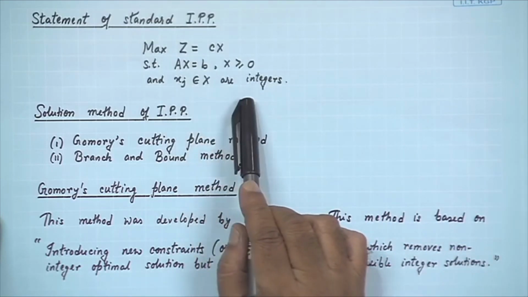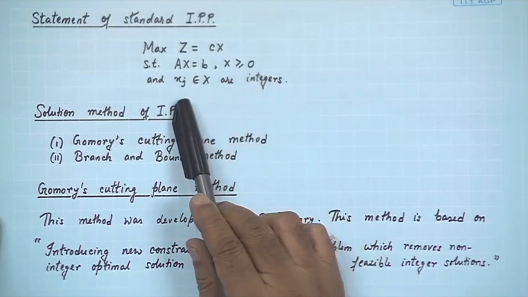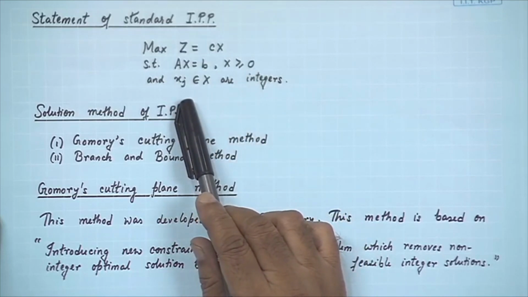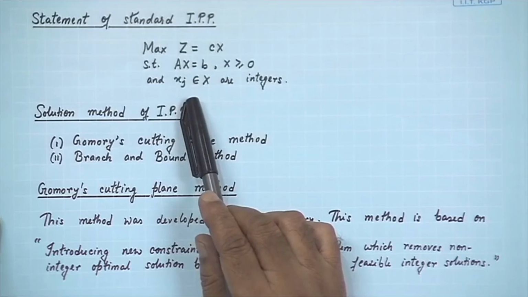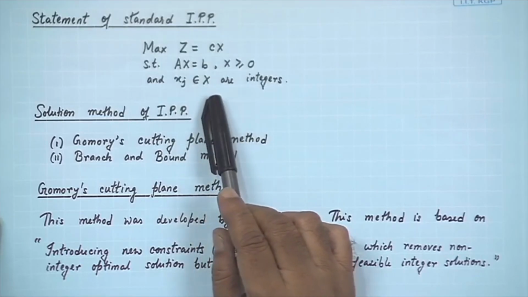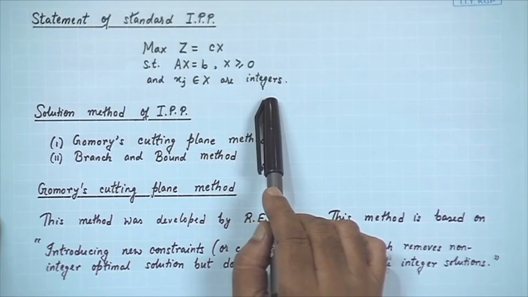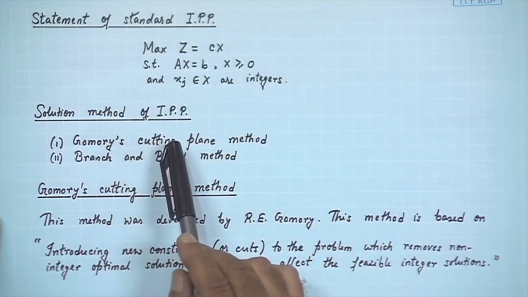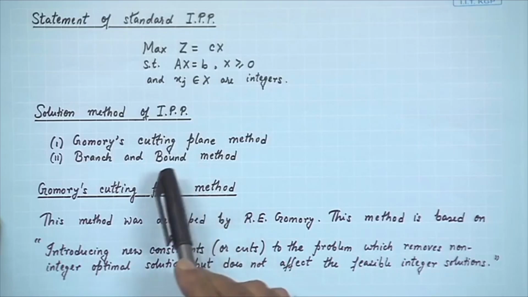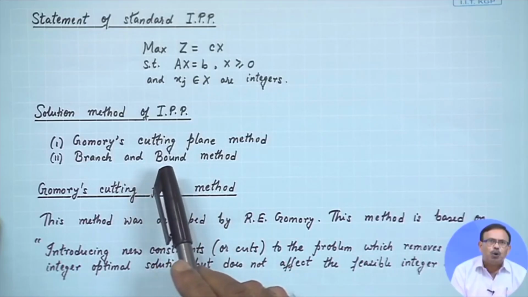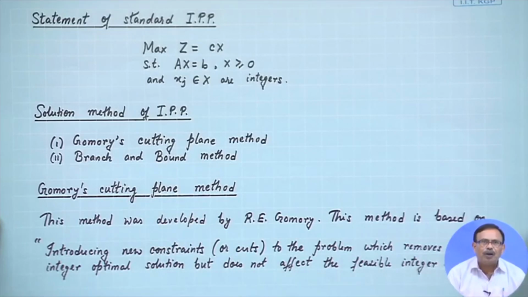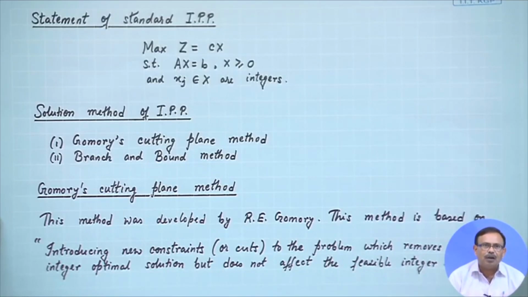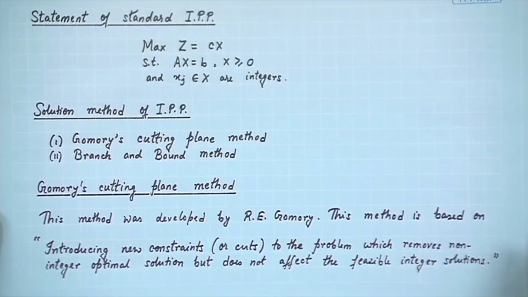Please note this one, X is greater than or equal to 0, but we are imposing one additional condition, that is Xj belongs to some set capital X which are integers. Now, the solution methodology for integer programming problem. Basically, we use two particular approaches. One is Gomory's cutting plane method and another one is the branch and bound method.